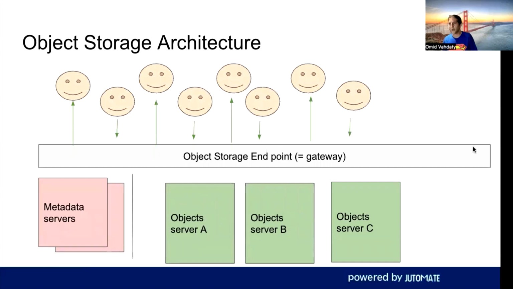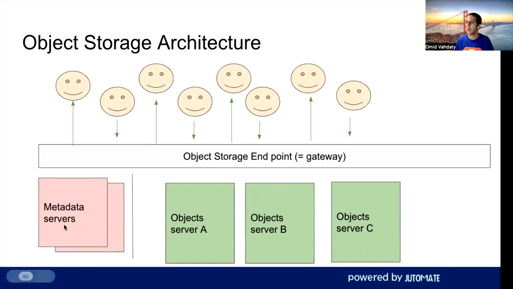So let's talk about object storage architecture. Essentially, you have many users accessing the storage gateway at the same time. But behind the scenes, you have 2 main services. One, object servers, which essentially hold the data, the files, and metadata servers, which are only holding the metadata of an object.